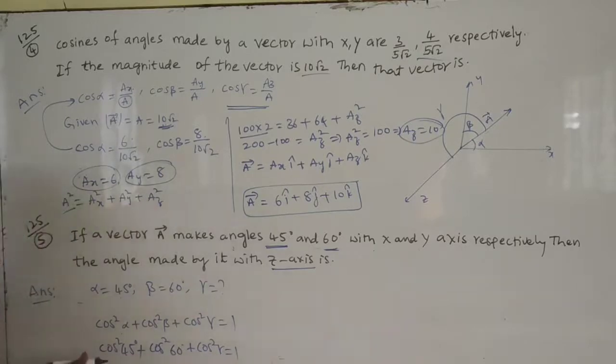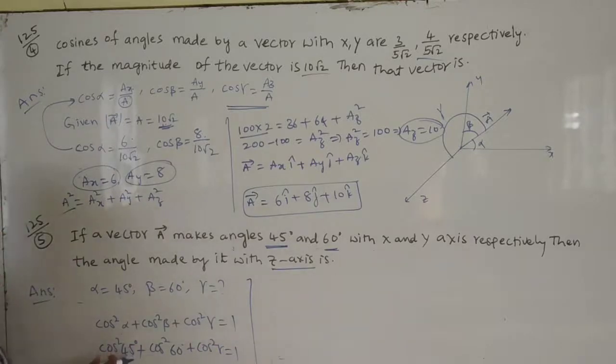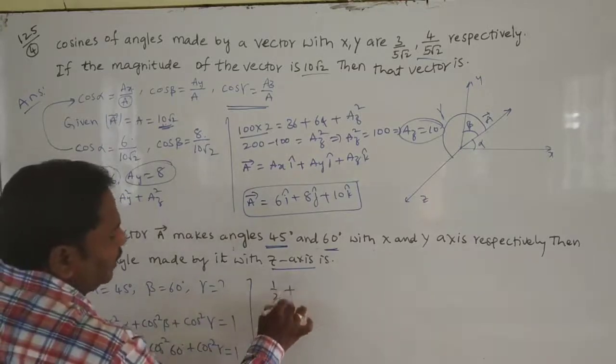Cos square 45 means (1 by root 2) whole square, which is 1 by 2.